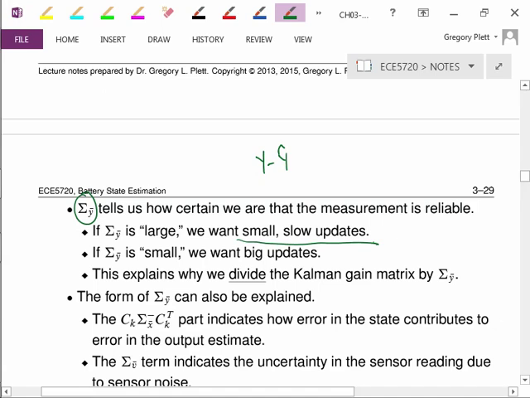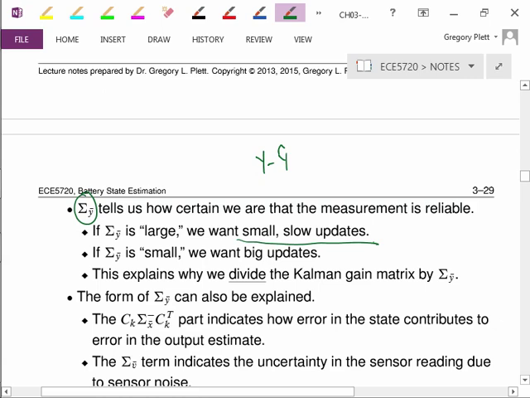But if sigma y is small, that means that I'm really confident. I have a reasonable confidence in my state. I've got a reasonable confidence in my sensor because there are small errors. So overall, I believe that this innovation is going to be very helpful in updating my state, so I want to have a relatively big update.